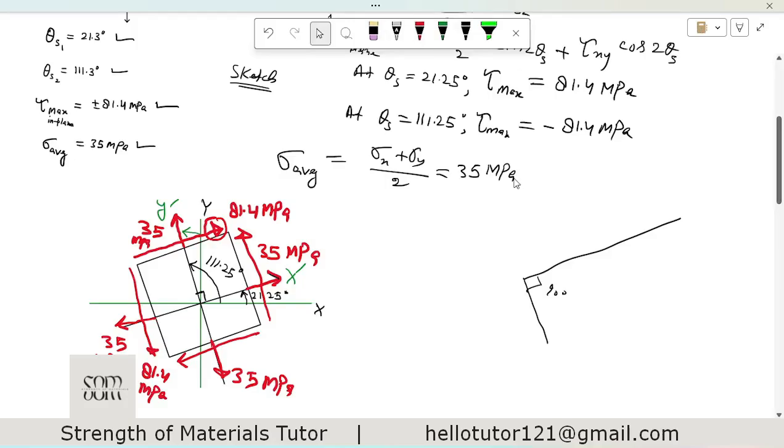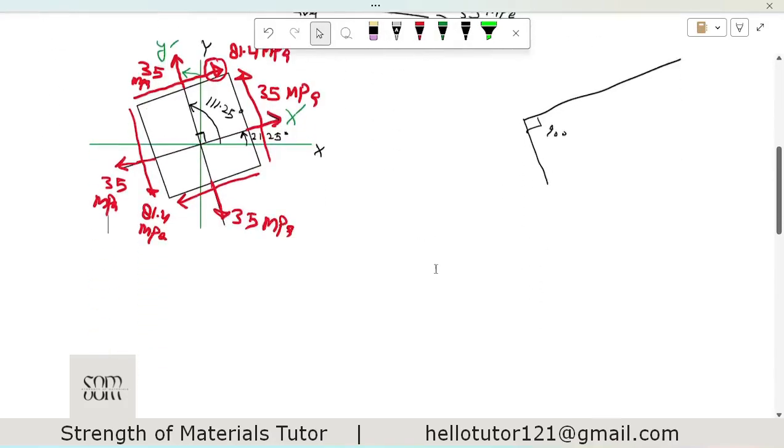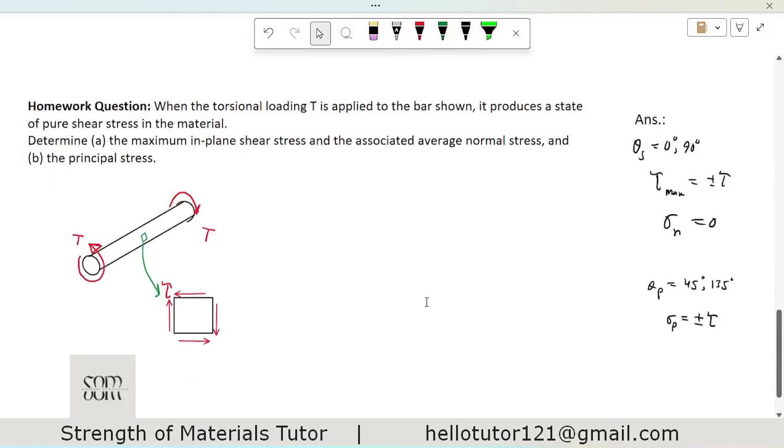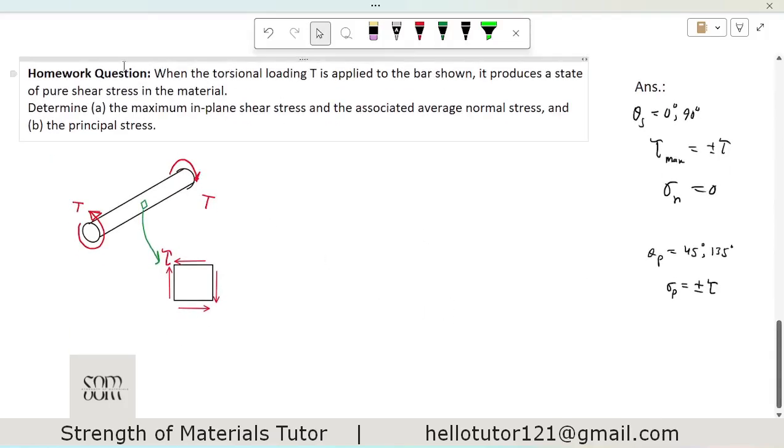Now before I finish this lecture, let me show you my homework problem. So here you have your homework problem. In this problem, you have a rod under torsion. If you take this small element, because of this torsion, we have this tau shear stress acting everywhere.